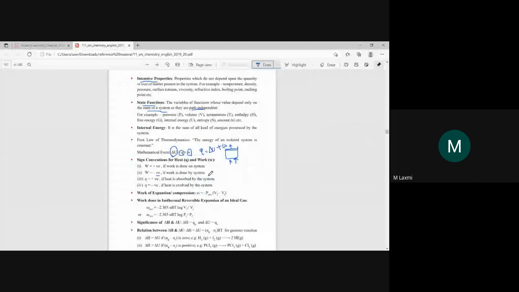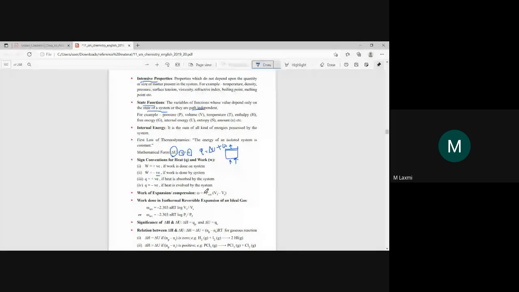When Q is positive, heat energy is absorbed by the system. When Q is negative, heat is evolved by the system. Anything which we are doing is minus. Anything which others are doing for us is plus. You are getting it free, so it is positive. When you do it on your own, you are spending your own energy, so it is minus.